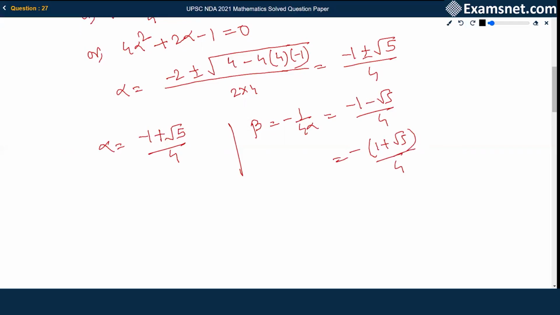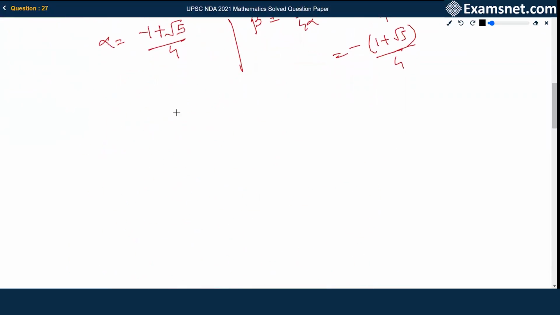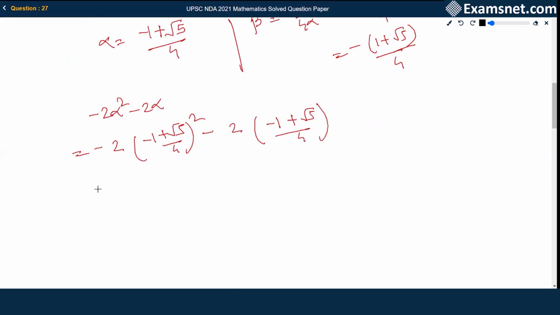So start with the first expression, that is beta equals minus 2 alpha square minus 2 alpha. Let's check with this one. Let's put in all those values: minus 2 times the square of minus 1 plus root 5 by 4, minus 2 times minus 1 plus root 5 by 4.